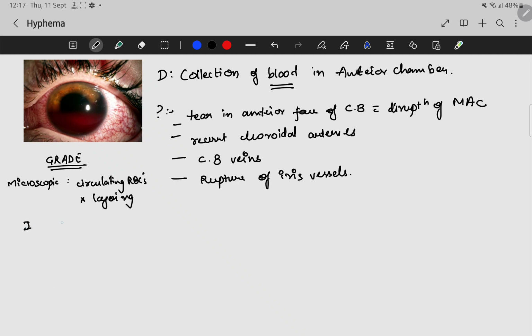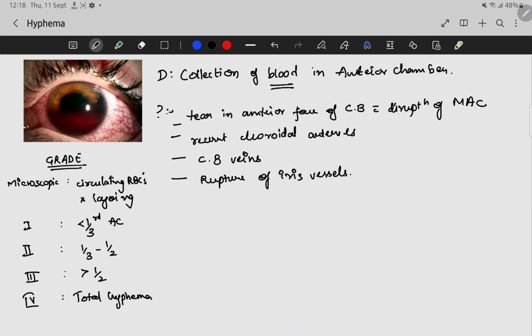And in grade 1, the blood fills less than 1/3 of the anterior chamber. In grade 2, it is 1/3 to half of the anterior chamber. In grade 3, it is more than half but less than full. And in grade 4, it is total HYPHEMA.